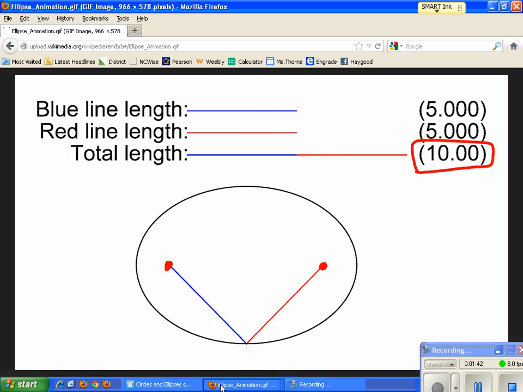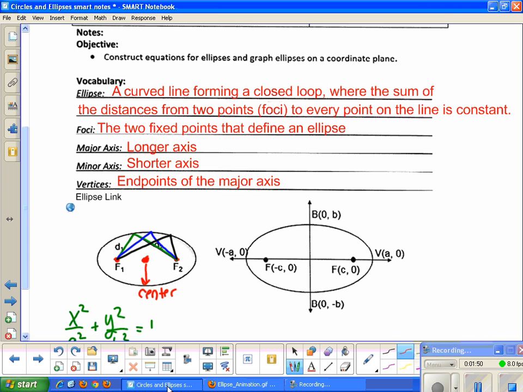That constant value is always going to be equal to the same length, and the same length is always the length of the major axis. So d1 plus d2 is equal to 2a if our major axis is horizontal, which we'll talk about.